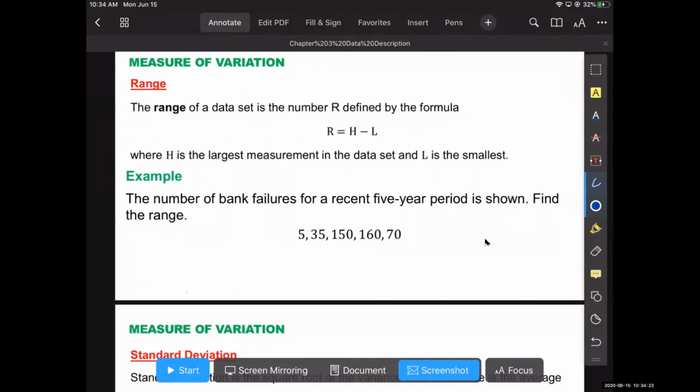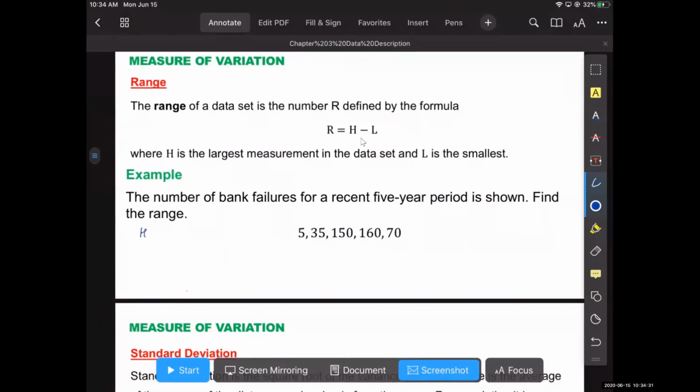We have the same example that we have done before, the same data, but here we are calculating the range. We already know the lowest value was 5 and the highest value was 160. Now the range is the highest value minus the lowest value.